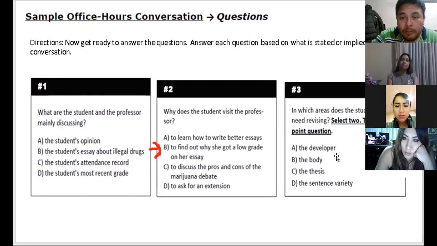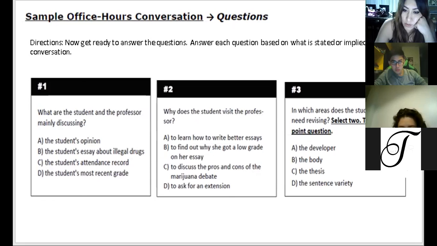Okay, now, what do you think? I think it could be A and B. A and B. What else? Someone else?